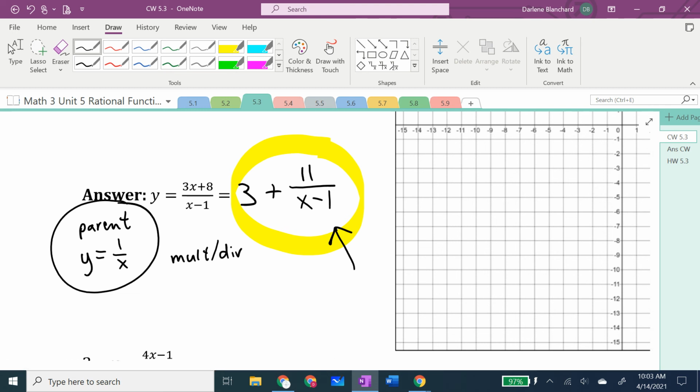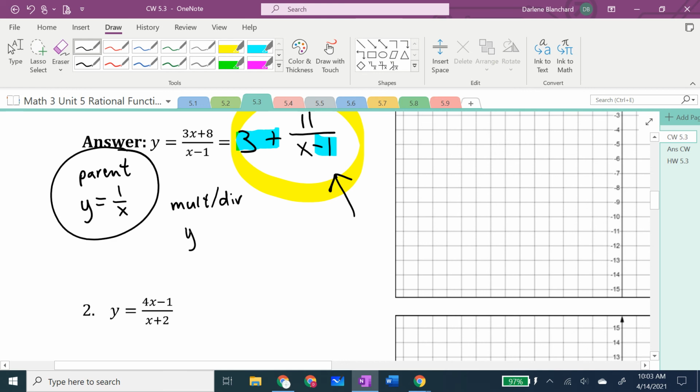That's one thing you can do. Do you see addition, subtraction? I'm going to highlight the addition and subtraction and what's left. What's not highlighted in blue? 11 over x. If you take out the addition, subtraction, you will see what the multiplication is. And that is the second step. Step 1, parent graph. Step 2, multiplication division.